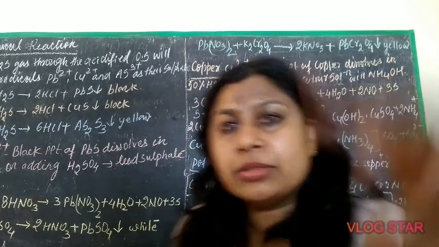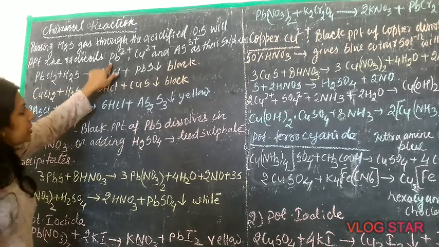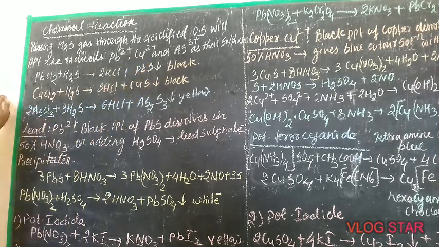Now children, the chemical reaction involved here, we'll see. Passing of H2S gas through the acidified original solution will precipitate the radicals Pb2+, Cu2+ and As3+ as their sulfides.